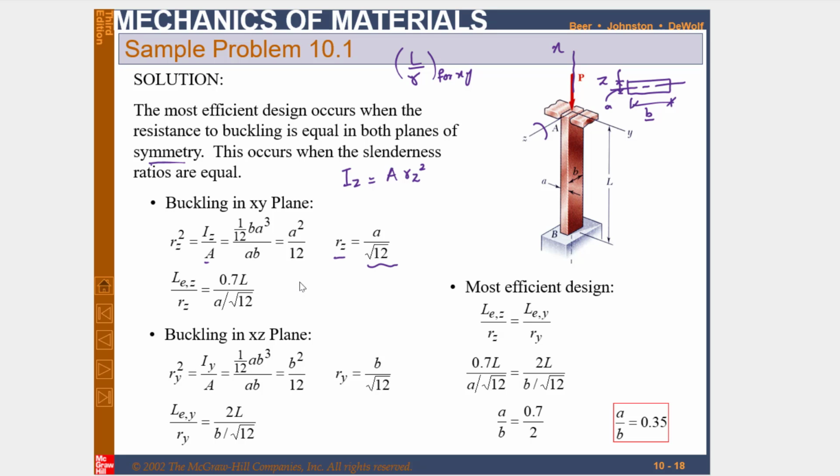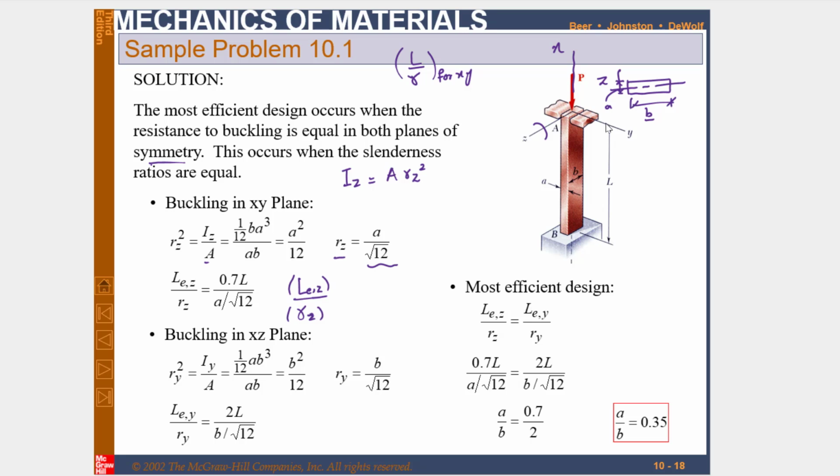Now we will find the L over Rz ratio, LEz over r, and here the length will be used as the effective length. So we will check the effective length as well. You can see that in the xy plane it is restrained.